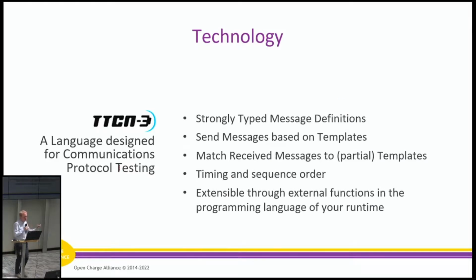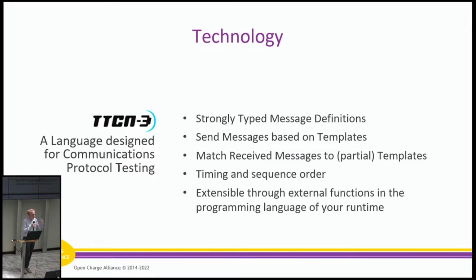So TTCN3, you get strongly typed message definitions. You can send messages based on templates. You can also match messages that you receive based on templates, so it will validate whether these 3 fields are present or something, or whether this value is in a certain range, things like that.